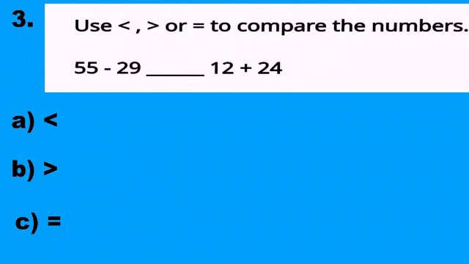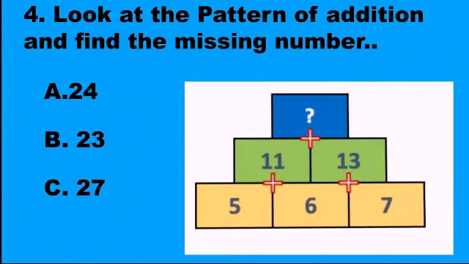Now you have to compare these two, a subtraction and an addition. First on the left side it is subtraction, so you subtract it first, then write down the difference you get, and after this you add up the other two numbers. After adding, if you get the same number then it will be equal, if you get more then it will be greater than, and if you get less then it is less than. So it's also a very interesting question.